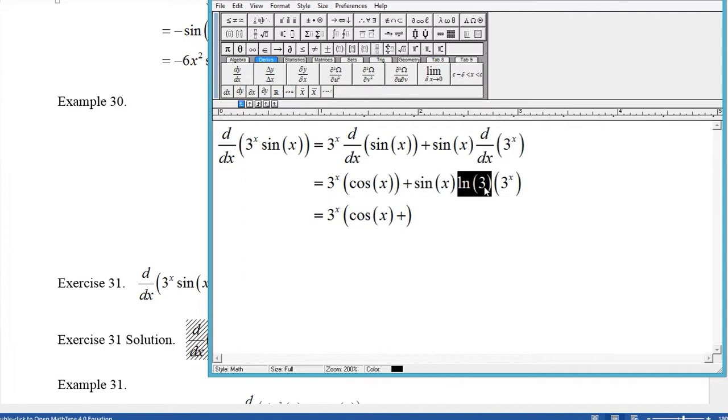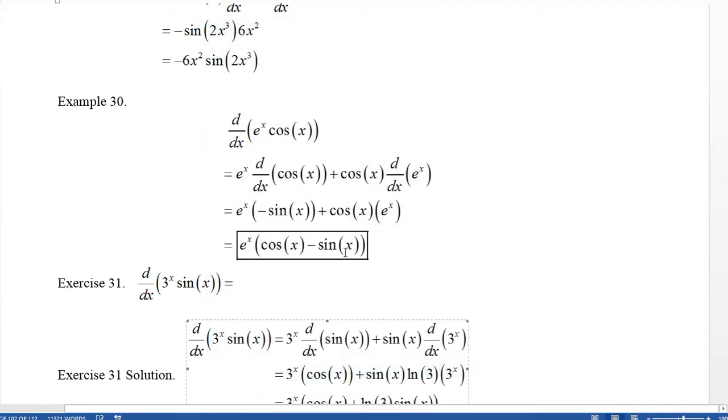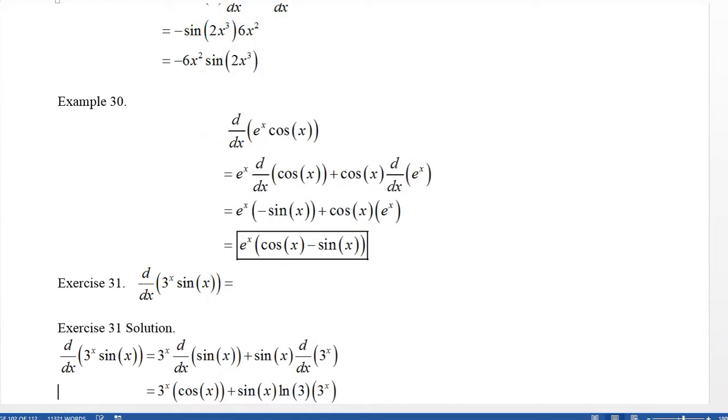I'm going to put the ln of 3 first. Doesn't really matter. Alright, that's a pretty good way to write it. Let's leave it like that. Now remember, you can check all these in your calculator, and I strongly encourage you to do exactly that.